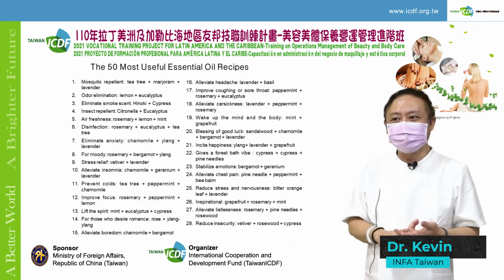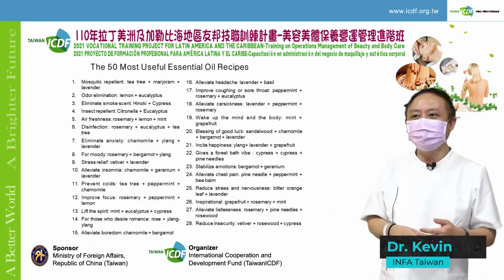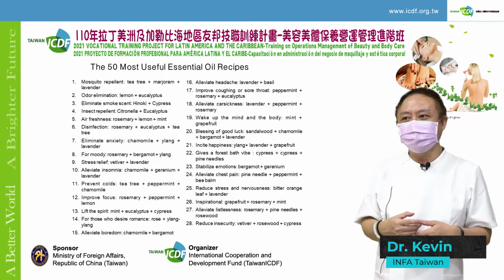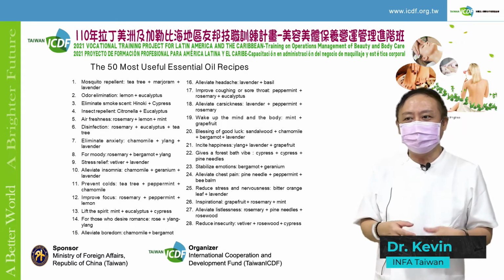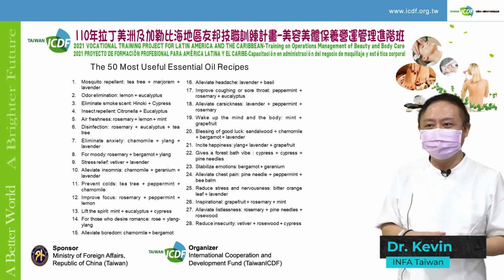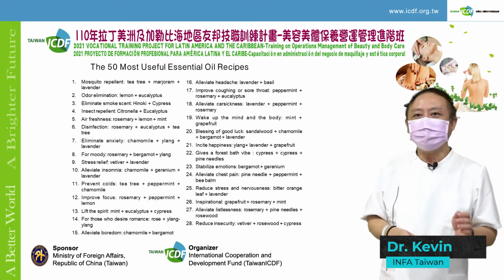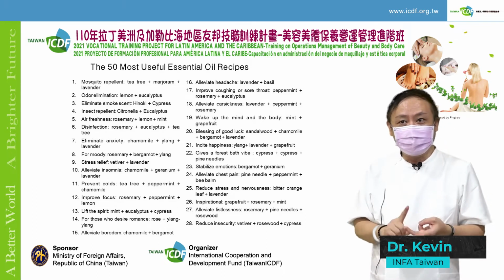If you want to feel like you have a forest bath, you can use cypress and pine needles. And if you feel a little bit moody, then you can use mint. And if you feel insecure, then you can use vetiver and rosewood and cypress.